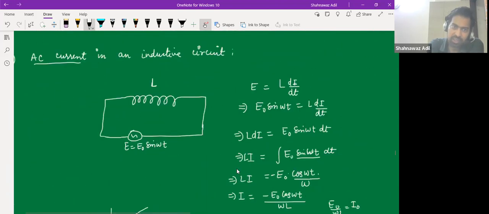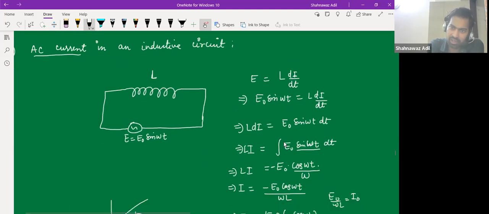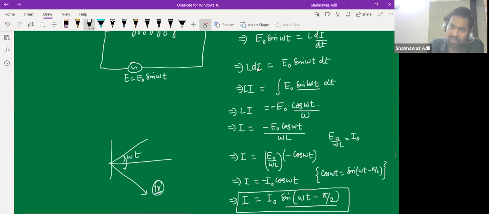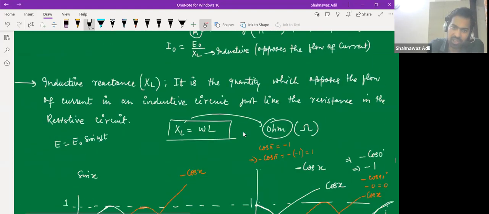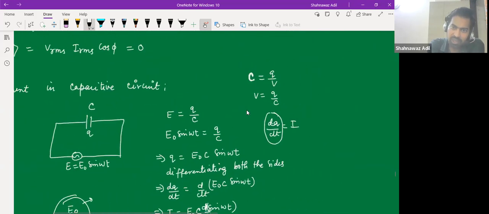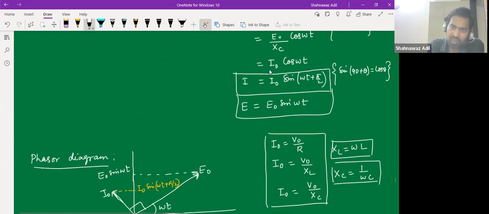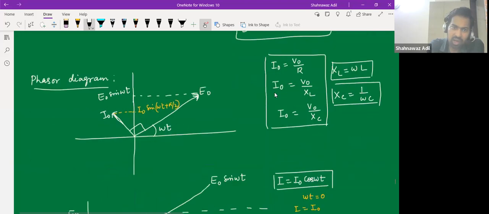For the capacitive circuit, this was my EMF, and then I had to differentiate to calculate the current, right?